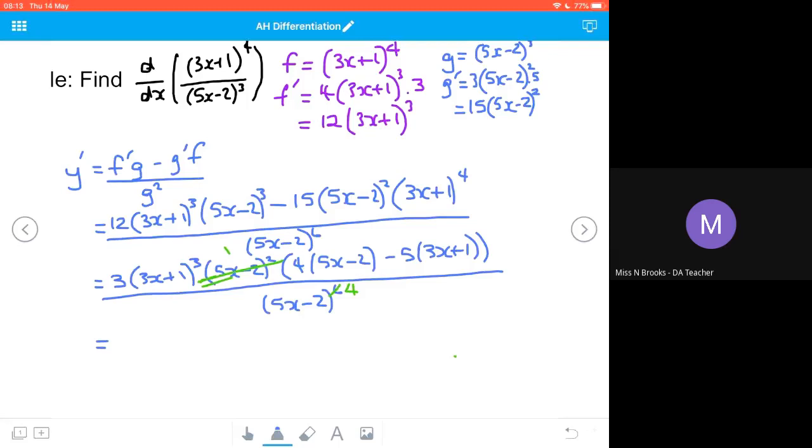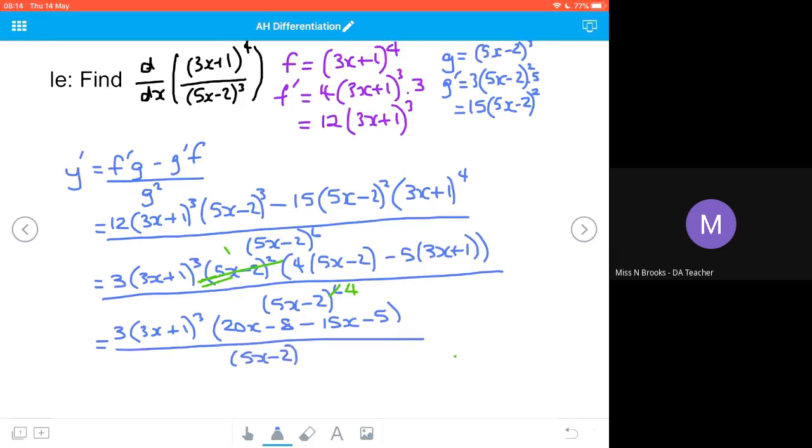So I'm going to end up with 3 times 3x plus 1 cubed, and 4 times 5x gives me 20x, and 4 times minus 2 gives me minus 8, and minus 5 times 3x gives me negative 15x, and minus 5 times positive 1 gives me negative 5, and that's all over 5x minus 2 to the power of 4.